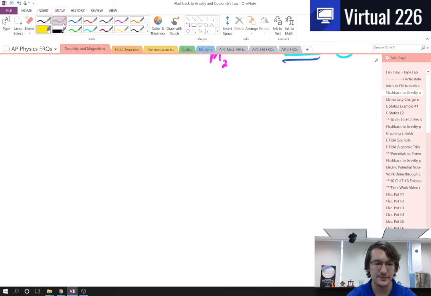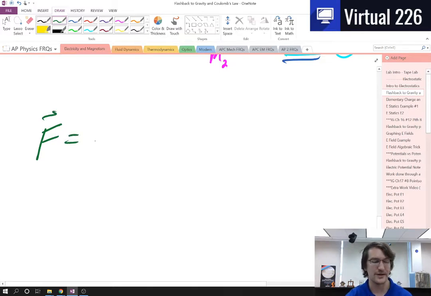So if we do this, we can say that some amount of force is going to equal an intrinsic property. And for right now, let's just put a K for a fundamental constant, okay? So this right here is a fundamental constant.